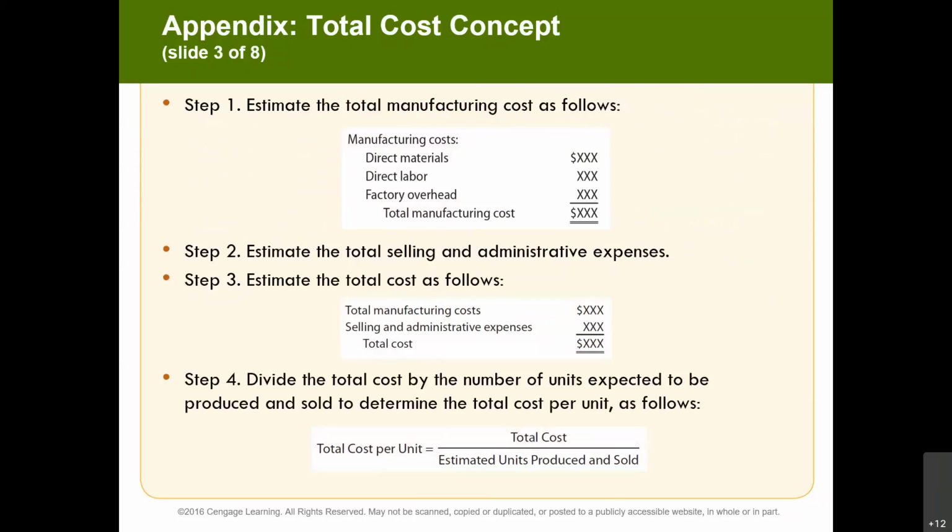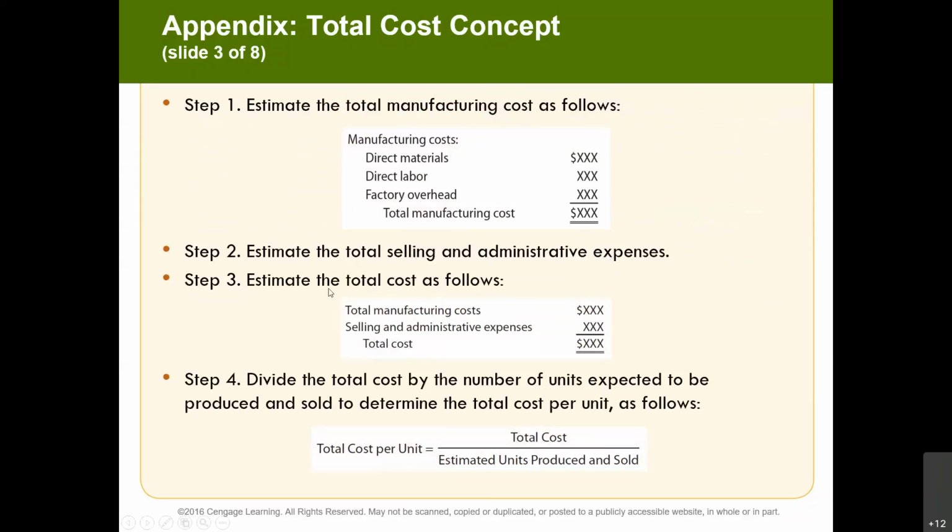To figure total cost concept, you follow the steps just like we discussed earlier. First thing you do is you gather your data: direct materials, direct labor, factory overhead, which is your total manufacturing cost. Second thing you do is you estimate the total selling and administrative expenses.